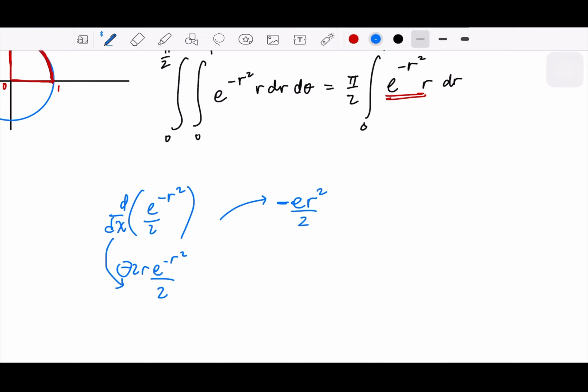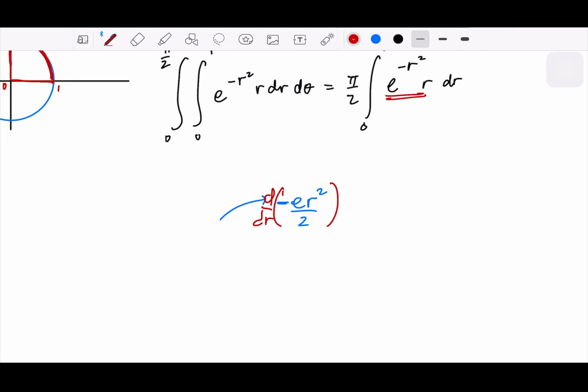If we take the derivative, we could get, let me just write here, minus 2r, so plus r, e to the minus r squared, and then over 2. So yeah, it's going to be our answer.